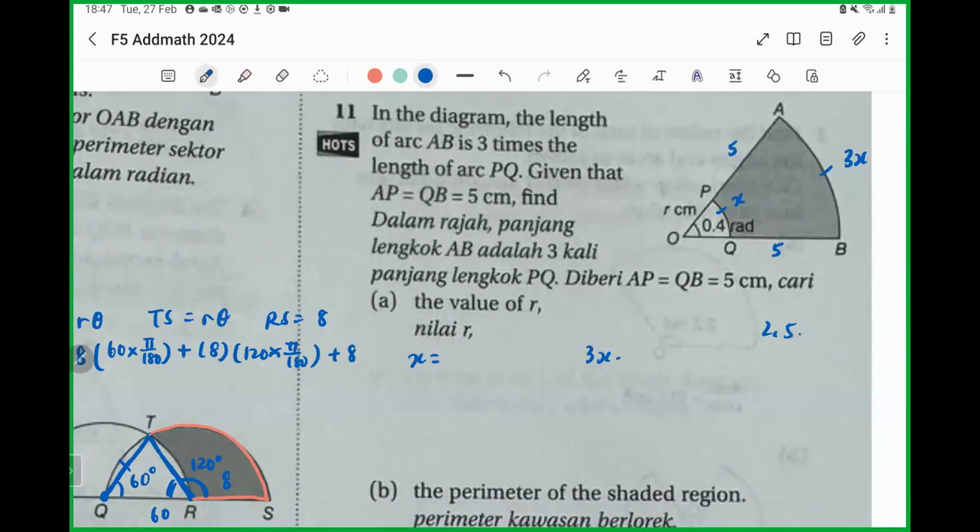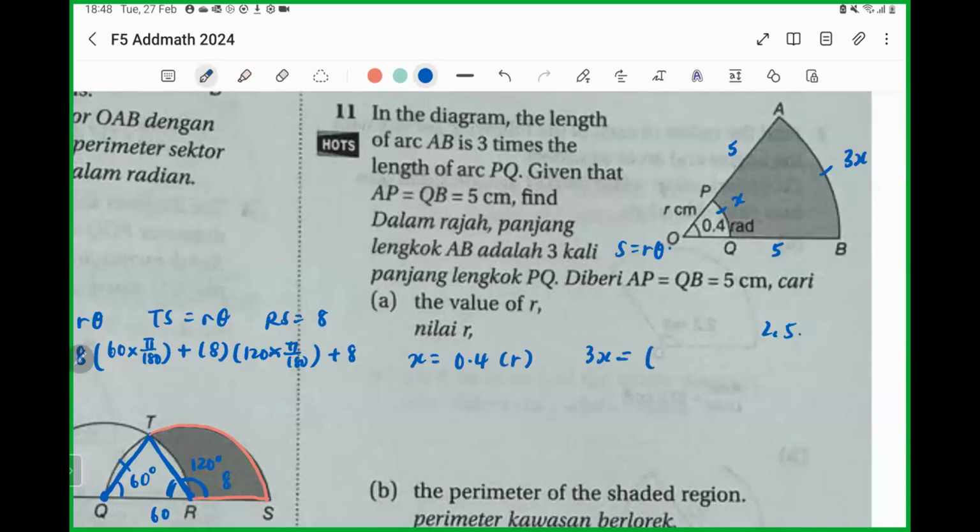S equals to r theta, the length of arc. So we can form the formula for x. That is 0.4 times r, correct? 0.4 times r. And then how about the 3x?